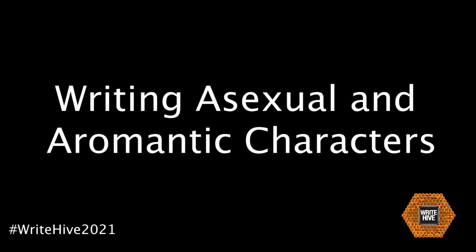So realistically, there are many different ways to be asexual or aromantic, just like there are many different ways to be literally any other kind of person on the planet. And so you just have to make sure that when you're writing those characters, you're making them as diverse as any other characters you write and not making them a flat one-panel character that's just like, okay, well, this person's ace, so this is exactly how they're going to be.